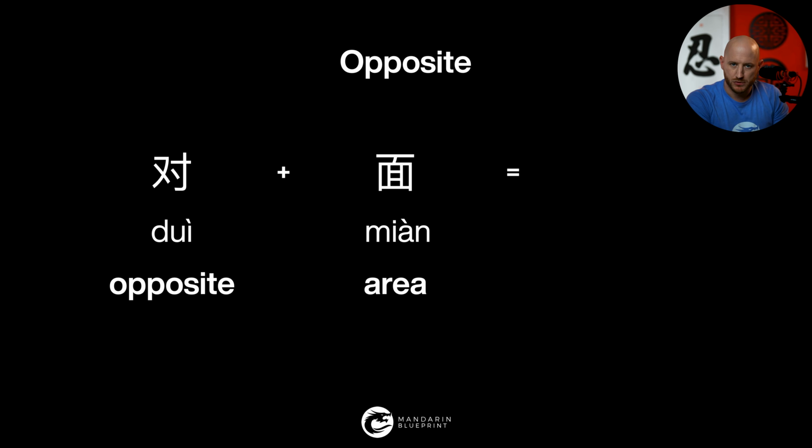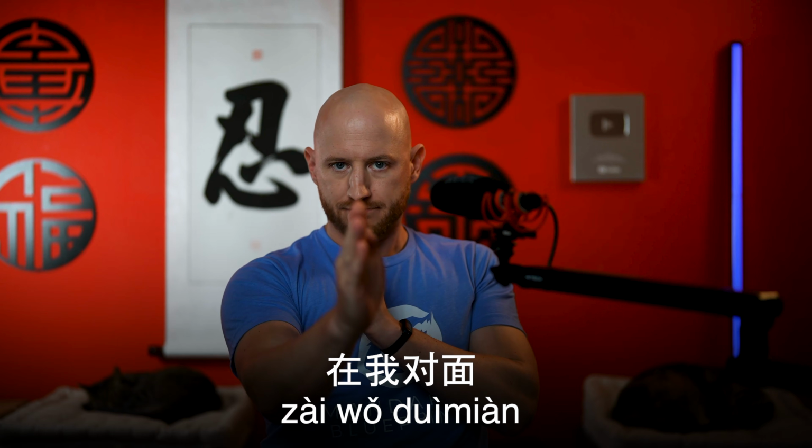So then how about this one? 对面. 对面. Now, 面 has got a bunch of different meanings. So I should probably do a presentation on 面 as well. But 面 can mean an area of some kind. So if it's the opposite area, in this case, we're being quite literal. We're saying, right now my camera is 在我对面, right?